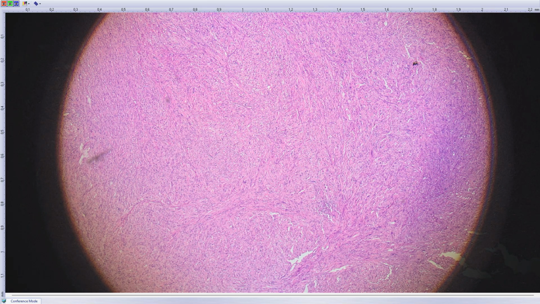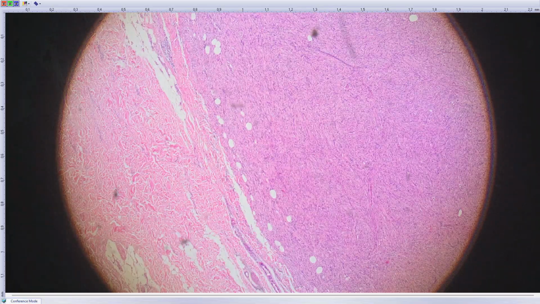This is another case. I don't know the location here, but again, some peripheral soft tissues. And the patient is a 30-year-old male. So you can see we are in soft tissues, unencapsulated, but relatively well circumscribed tumor.